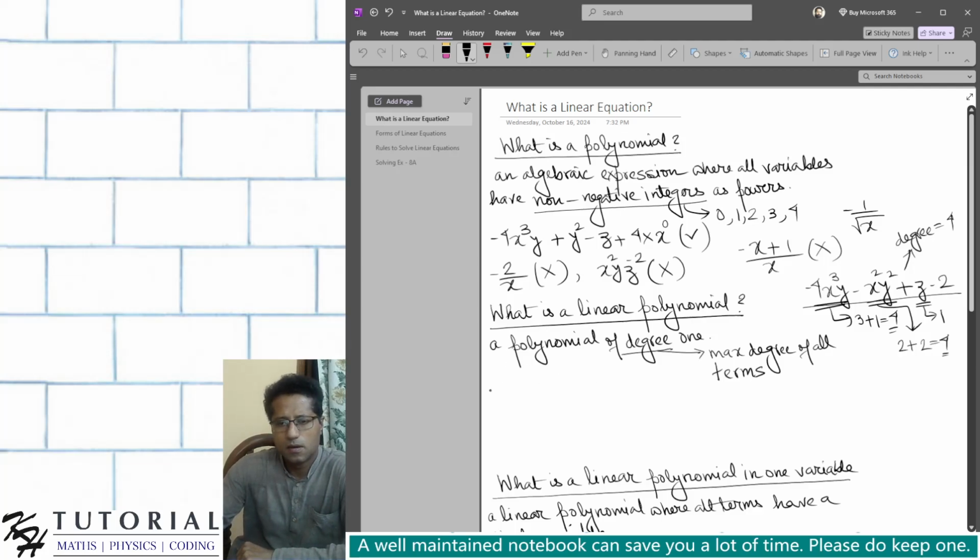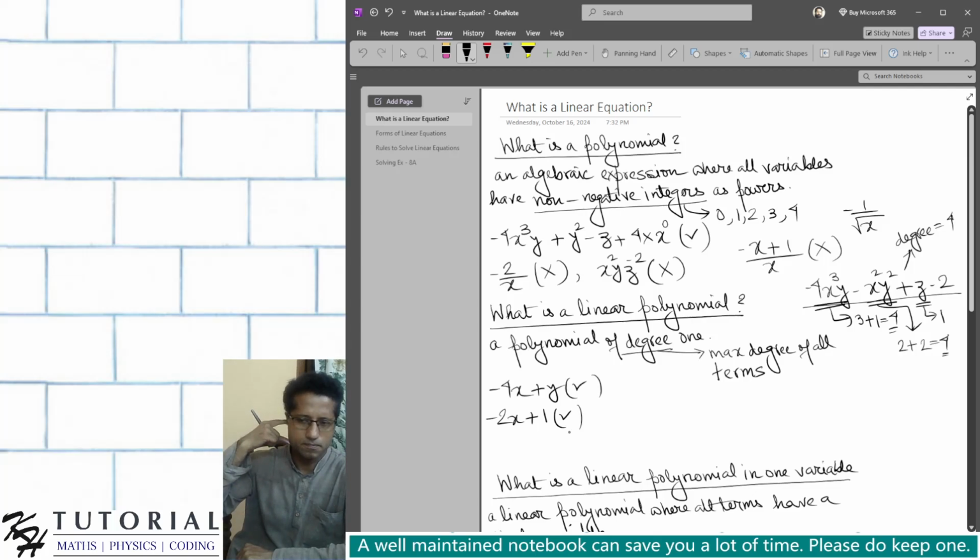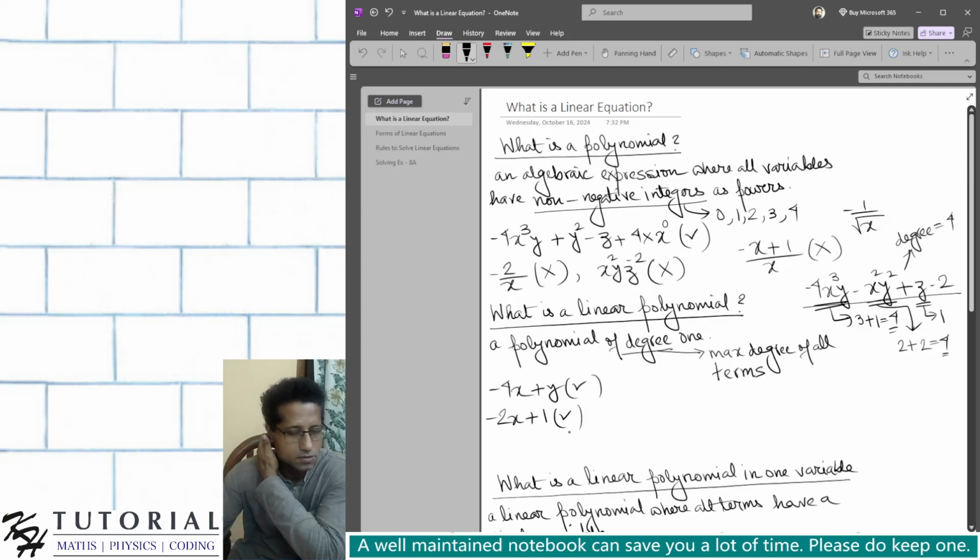Examples are minus 4x plus y, or minus 2x plus 1. These are all linear polynomials, because the degree of all these polynomials is 1.